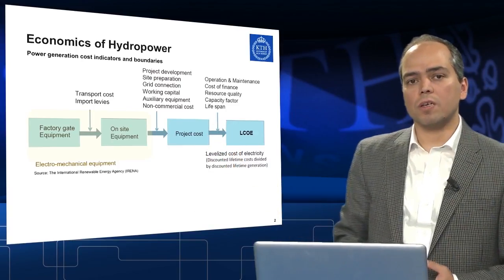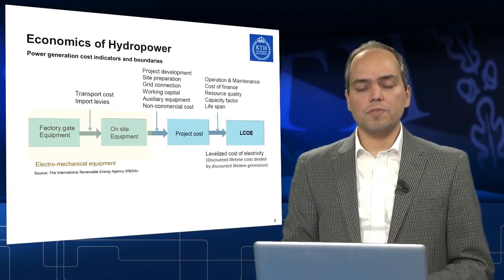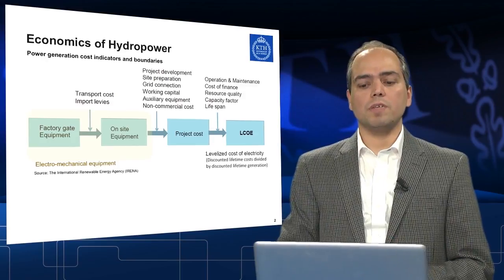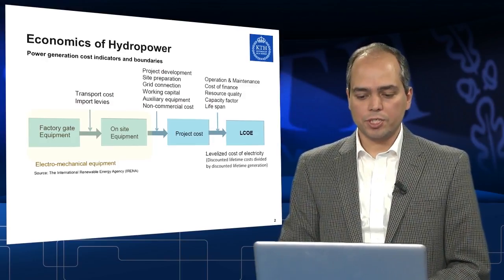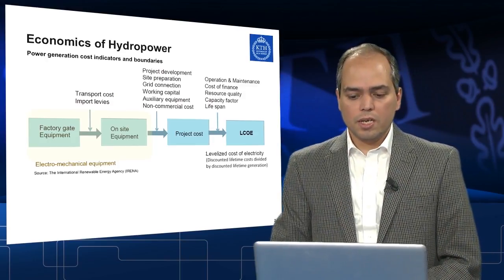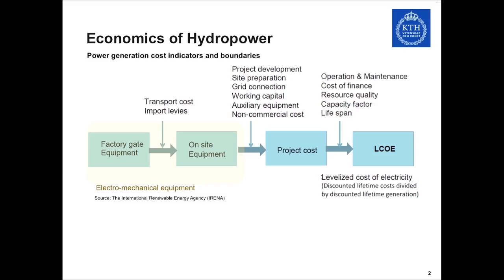And this project cost consists of different items such as project development cost, site preparation, grid connection, auxiliary equipment, as we discussed before, and also some non-commercial costs that are involved in construction of infrastructures. So at the end of the project cost, it's the start of the project, and then comes the operational cost, which is the operational maintenance.